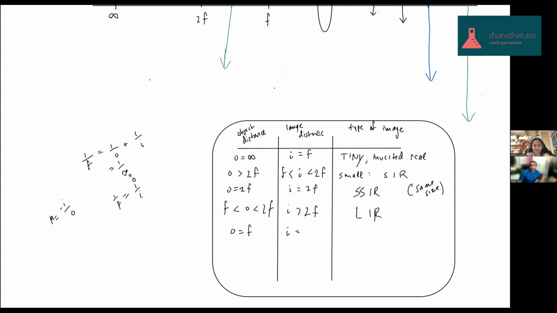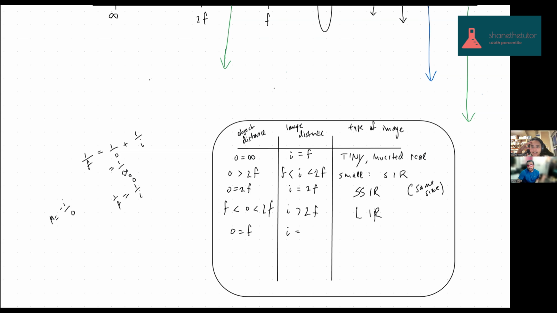So the pattern we talked about: you see how when the object is between f and 2f, the image is greater than 2f. And when the object is greater than 2f, the image is between f and 2f, right? So now if the object is at f, when the image was at f, what was the object distance?